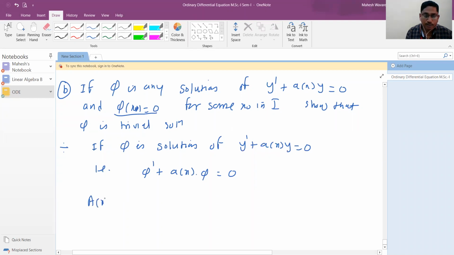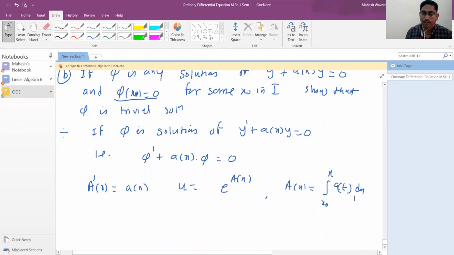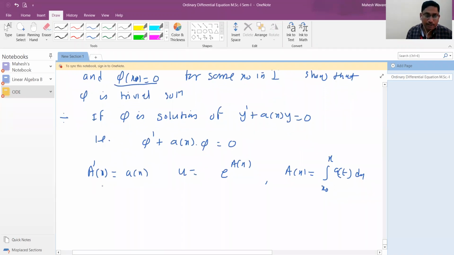And suppose a of x is a function such that its derivative is the coefficient, then your integrating factor is e to the power a of x. In a general problem we do not take a range, we take direct integration.